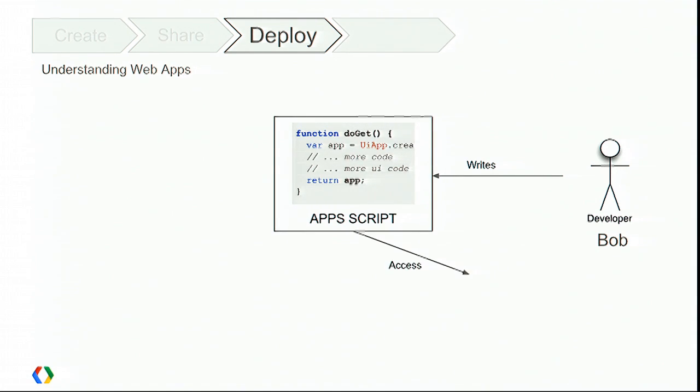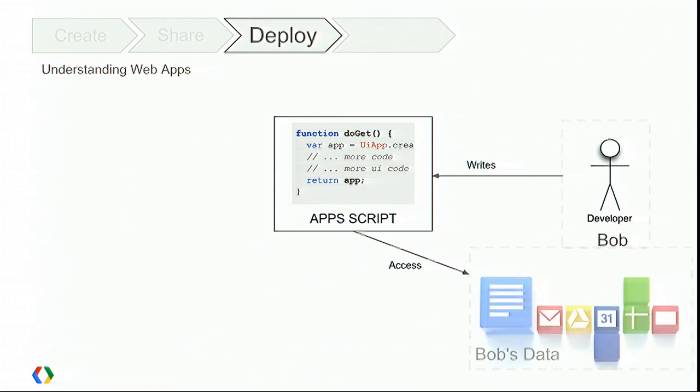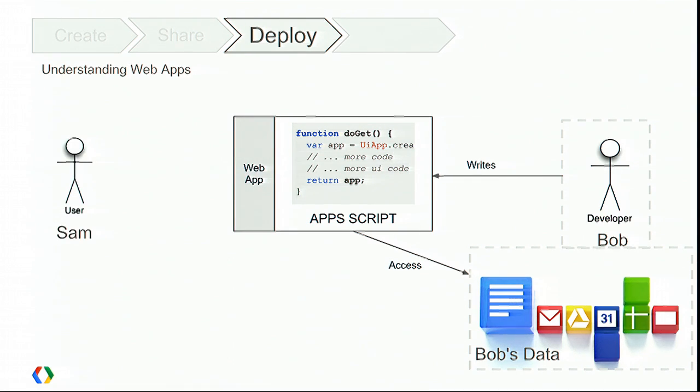And this web app, say this is an event management web app where all users need to see the event calendar or list of events, something like that, right? So it uses Bob's data, Bob's spreadsheet, all the event information, everything is in there, right? And then he writes the script and then converts that into a web app. And the user comes along, let's call him Sam, and Sam uses the web app.